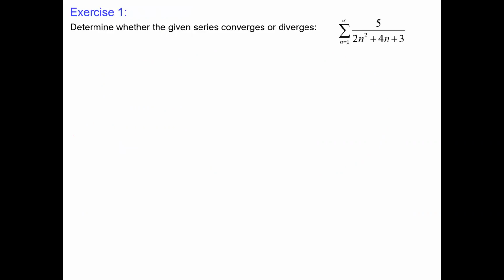Determine whether the given series converges or diverges. And we can see a rational function. So what I will do, I will copy this fraction, 5 over n squared plus 4n plus 3. They are all positive. I can keep 5, and I can keep the highest, the leading term. That's what I will try to compare. Let's get the relation.